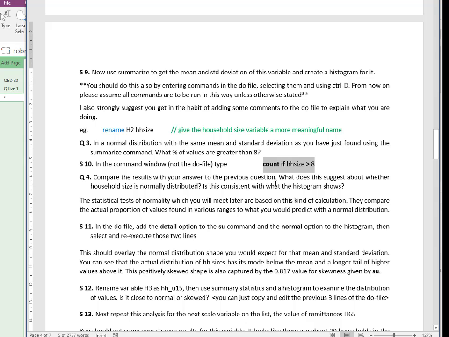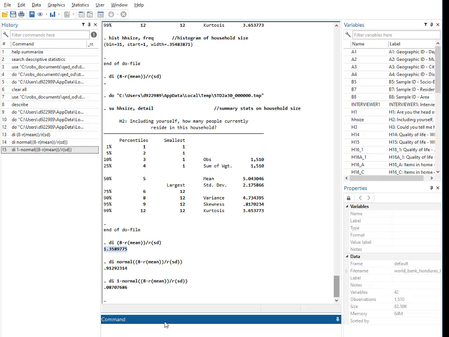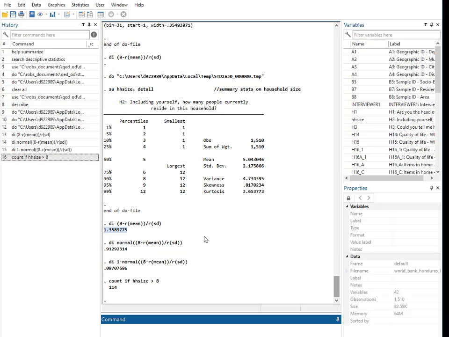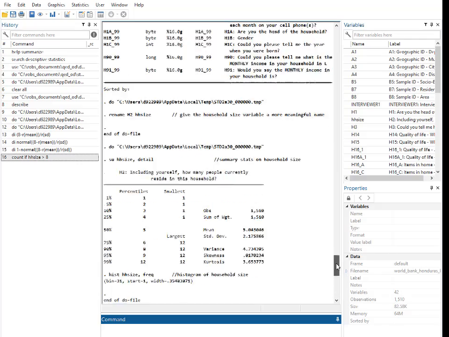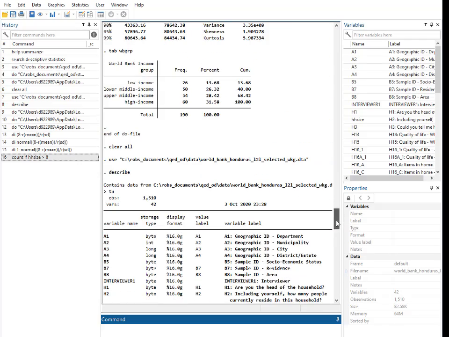So copy that, put it into the command window to run it straight away. 114. So how does that compare to 8.7%? I'd have to compare this to how many observations you have, which, remember, when we described it, was 1510.